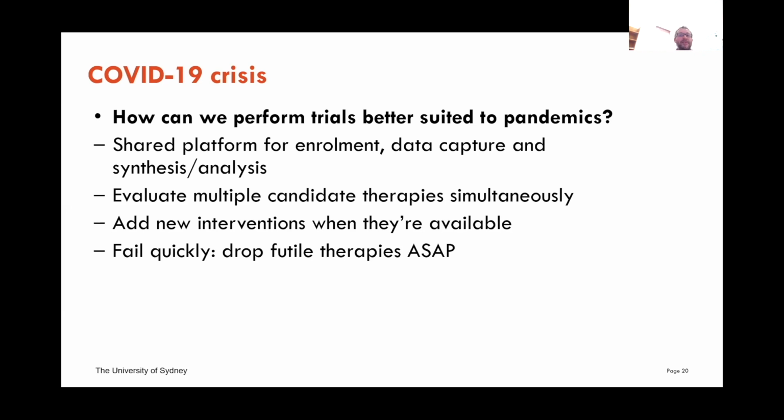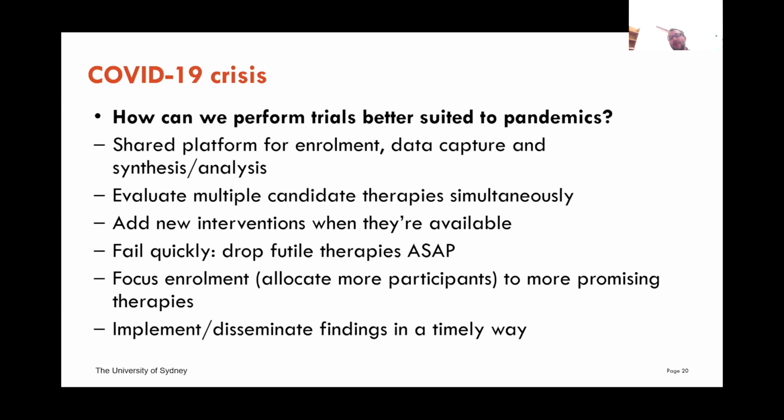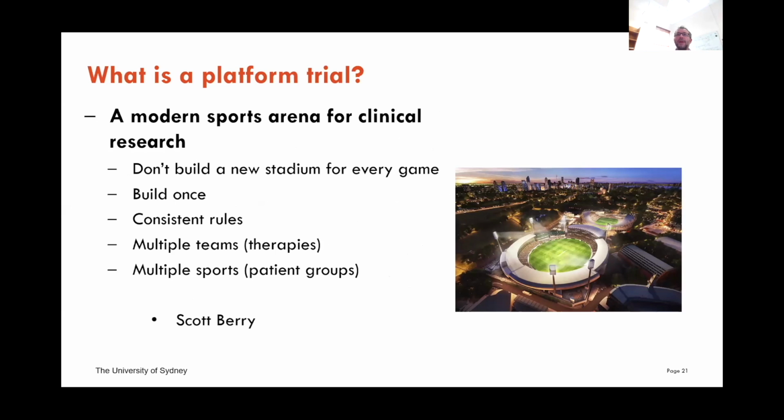We need to be able to fail quickly, so we need to be able to drop any futile therapies as soon as possible to give way to more promising treatments. And we want to be able to focus enrolment, that is to allocate more participants to more promising therapies. And then we want to be able to implement and disseminate these findings in a timely way.